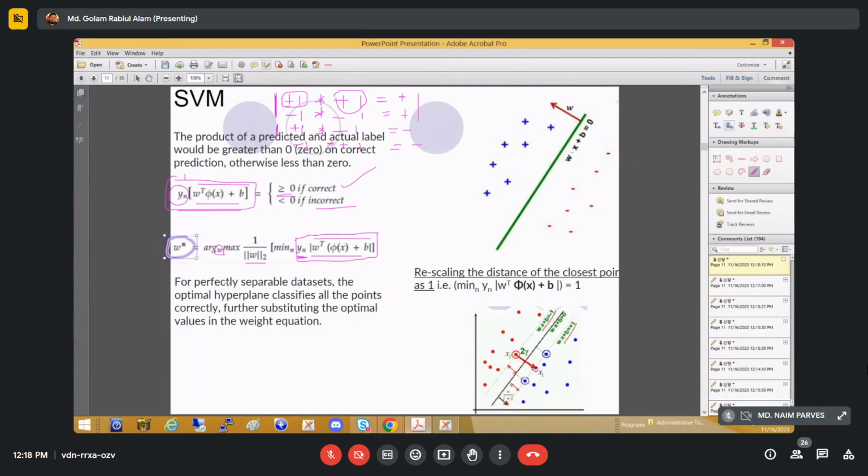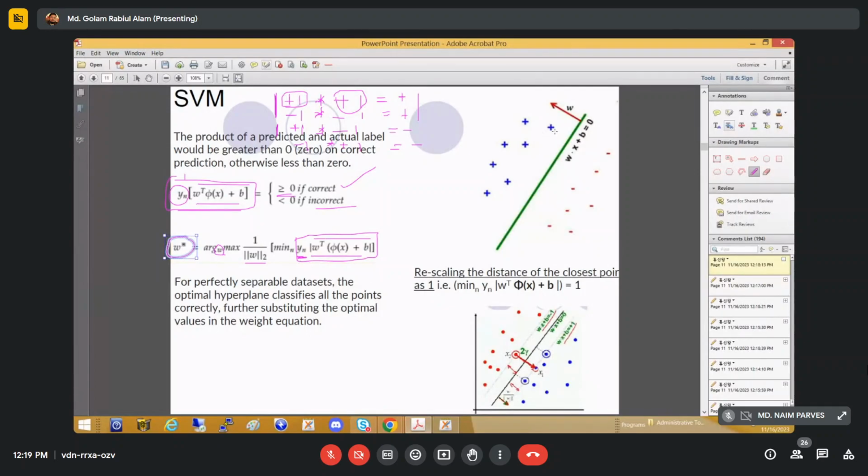Now we want to write this in the form of an optimization function. In an optimization function, usually we have an objective function and a few constraints, so we want to write this accordingly.